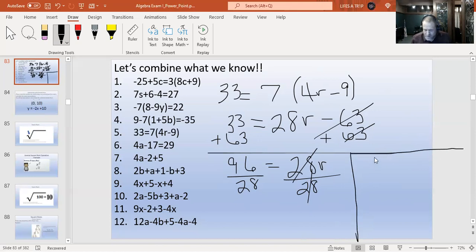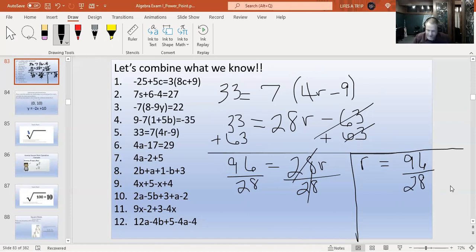Let's do 96. Actually, I'm going to switch these over a little bit because I like my variable, and so do mathematicians. They like it on the left-hand side. But don't change your signs at all. Keep them the same.